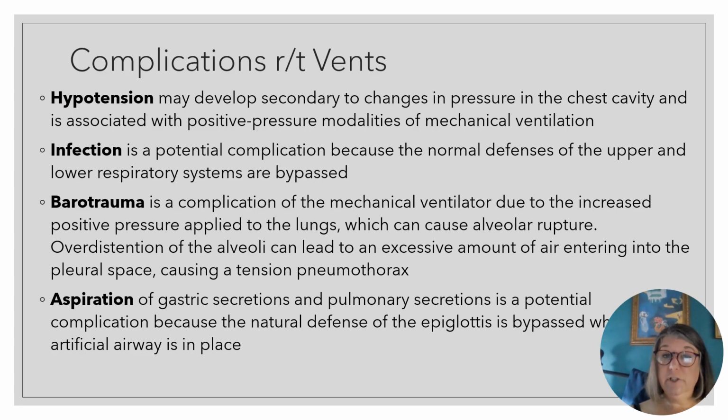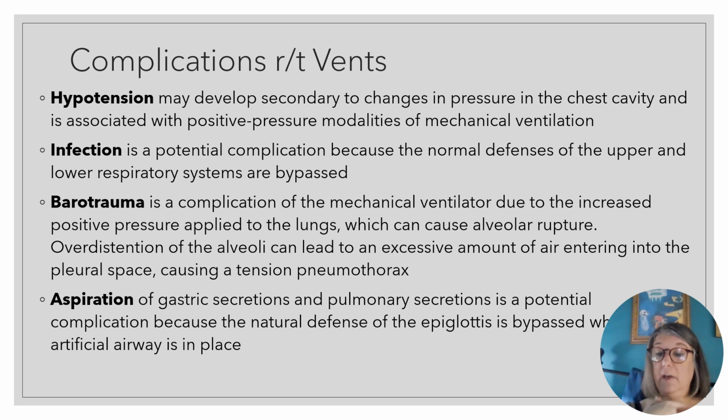These are complications related to ventilators. You can have hypotension related to changes of pressure in the chest cavity, and infection, always infection. We have an open hole to the airway, bypassing all the little cilia, all the checks and balances, bypassing the tonsils, all these checks and balances that are there to catch bacteria and viruses before they get to the lungs.